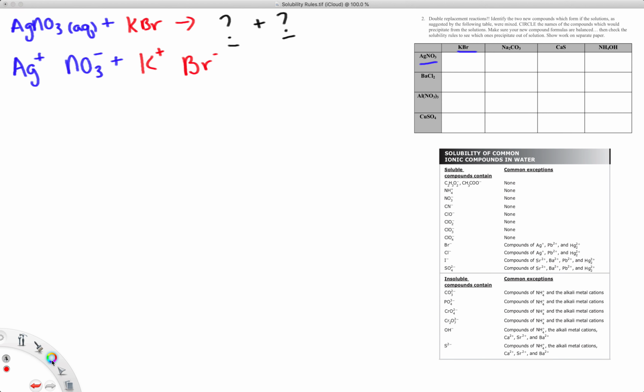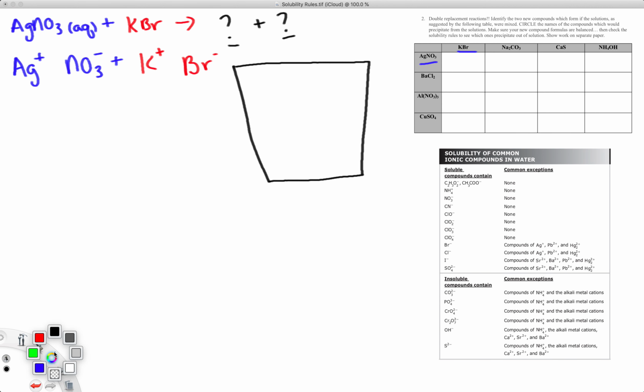So I'm going to draw a little picture here to show you what's happening in this aqueous solution, at least initially. In this aqueous solution, I've got silver ions, so the blue represents the silver, and the nitrate ions. I'm just going to spread them out here.